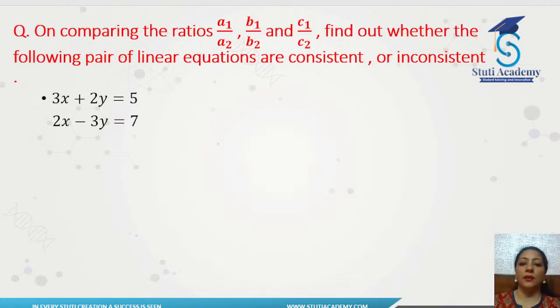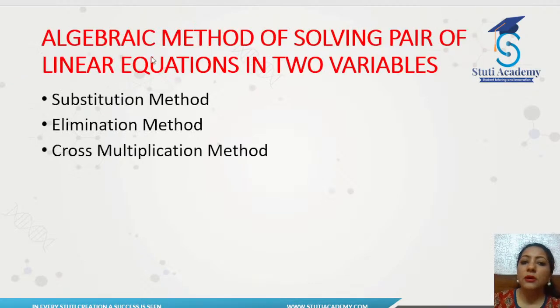We check the consistency of the equations by comparing the ratios A1 upon A2, B1 upon B2 and C1 upon C2. Now, also we had discussed in the previous class, I just introduced the substitution method for you. So, we have different ways of solving pair of linear equations in two variables.